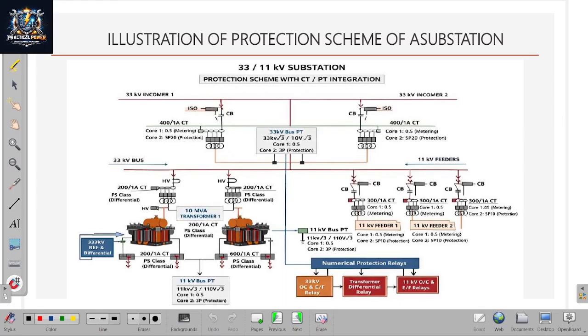Here the CT ratio is 400/1. It is for differential protection, where PS class CT is used.